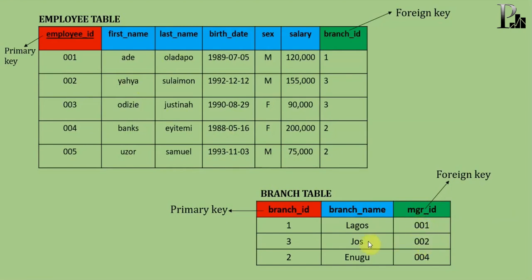Here the manager ID of Jos is 002, so Yaya Suleiman manages the Jos branch, while the manager ID of the Enugu branch is 004. If you look at 004 here, it is Banks Eyitemi, so she manages the Enugu branch. So that is how foreign keys can describe the relationship between two or more database tables. Let's observe another table.